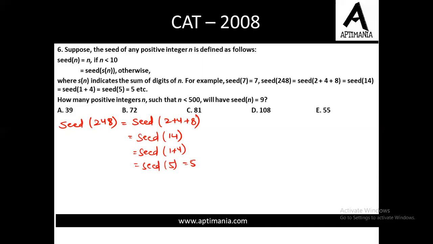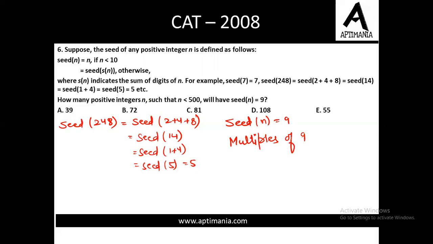So ultimately, if we observe the entire procedure, we can figure out that it is all about the sum of digits of the numbers, right? And for seed n equals 9, we are looking for the numbers which have their sum of digits as 9. All the numbers which have their sum of digits as 9 are ultimately the multiples of 9 only.